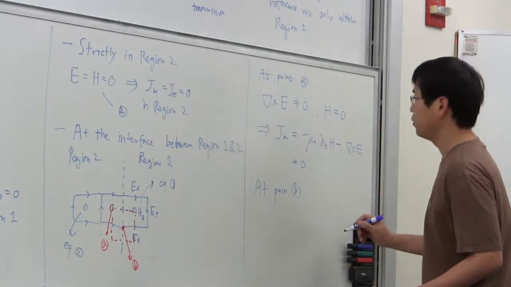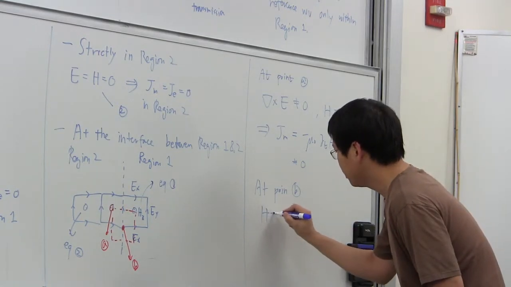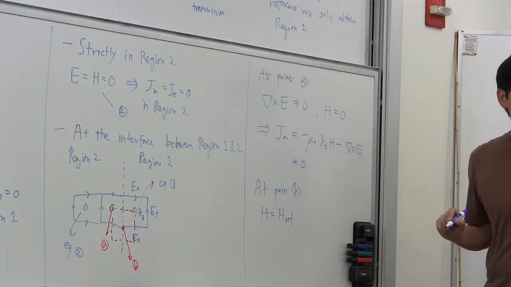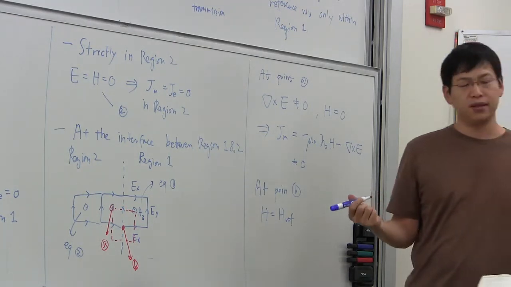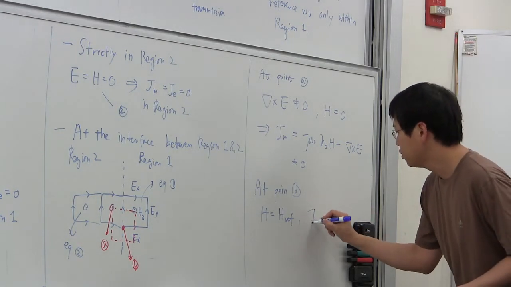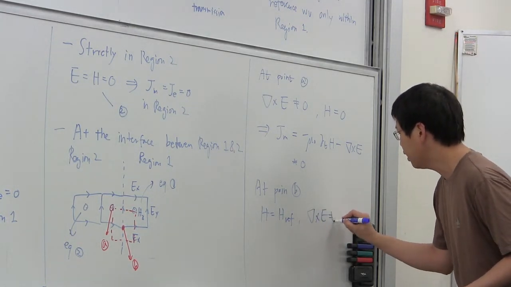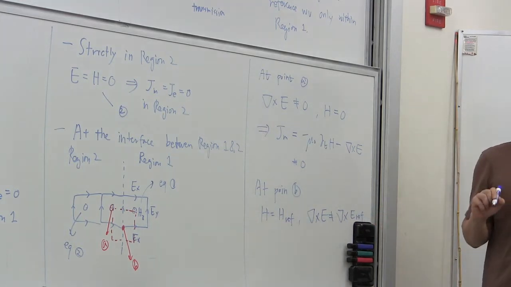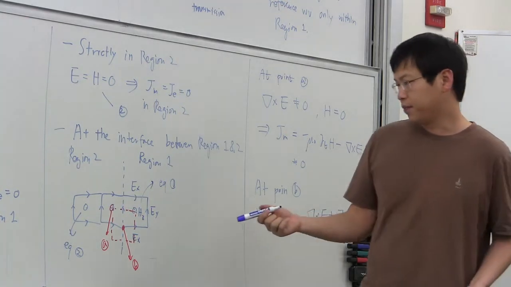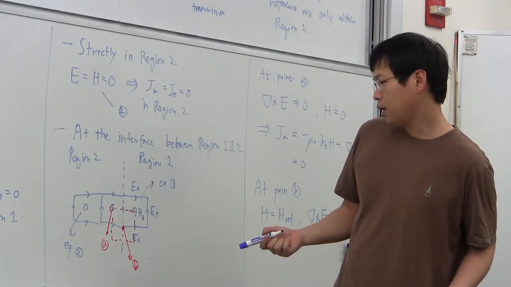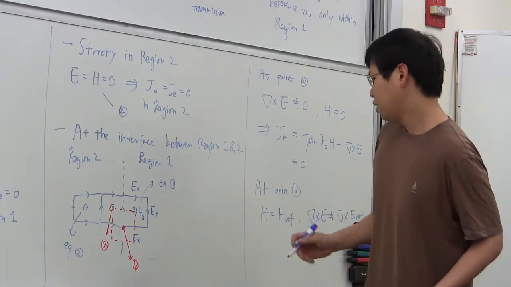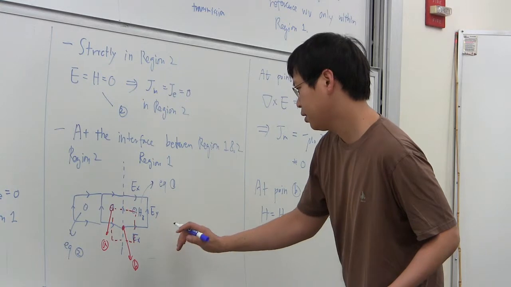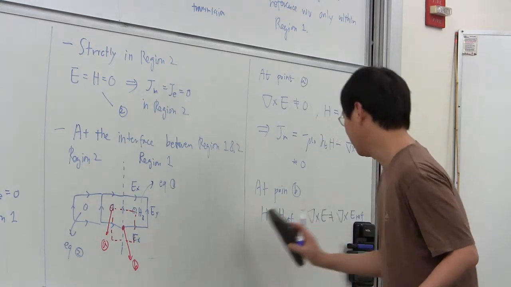So your H field is the H field of the reference wave at point B. But your curl of E is not the curl of the E field of the reference wave, because I'm sorry, yeah, I got messed up.